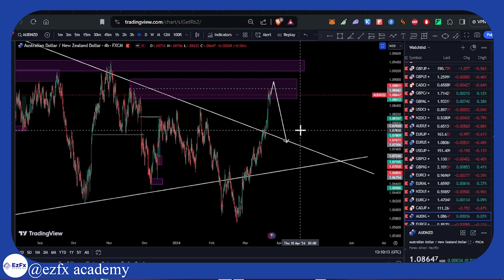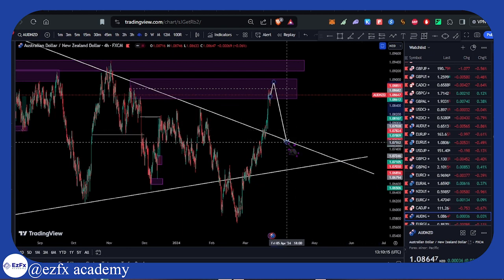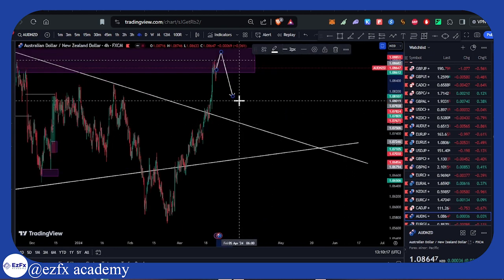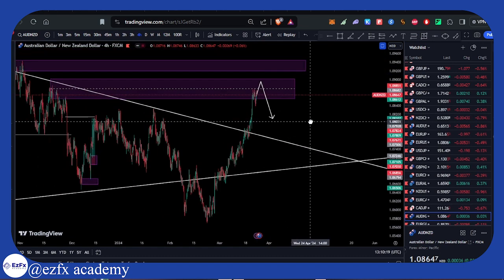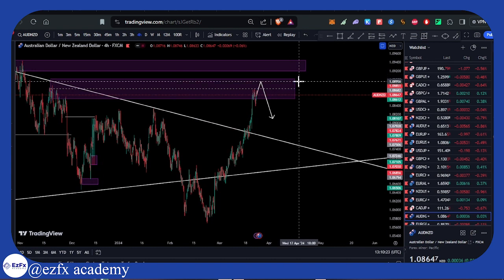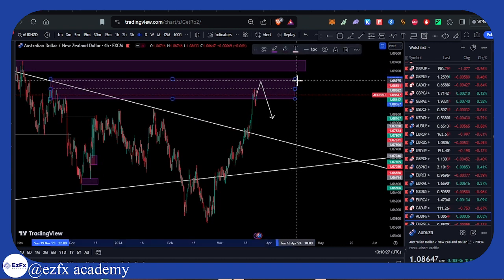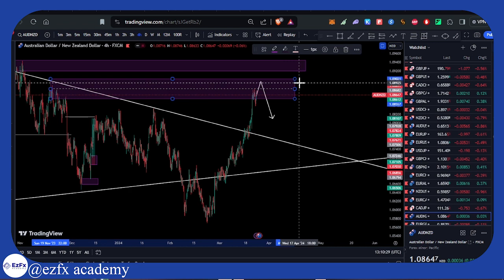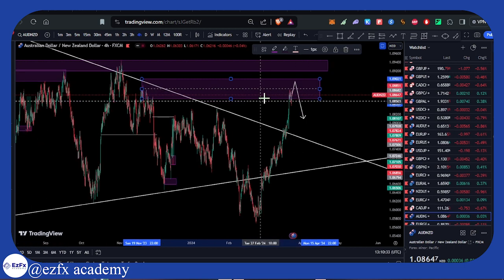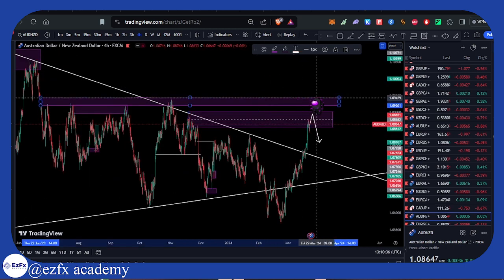Now, this being said, this sell might not be as long as this. Let me just bring it somewhere towards here. So I'll be expecting a buy to sell to happen on AUD/NZD as long as this zone holds. If I get to see price breaking this zone, then definitely I'll be watching out for price to come up towards this side again.